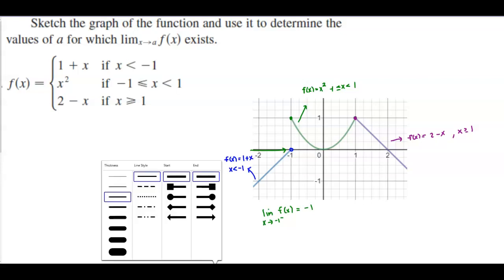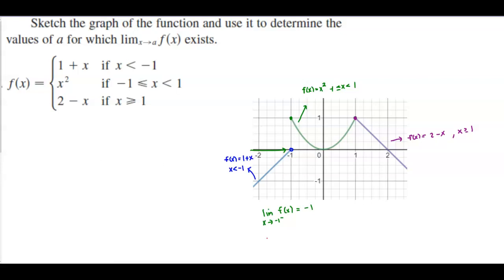And now if we approach x to -1 from the right of this function, well, we can see here if we approach -1 from the right, if we follow this function and then go here, we end up with +1.